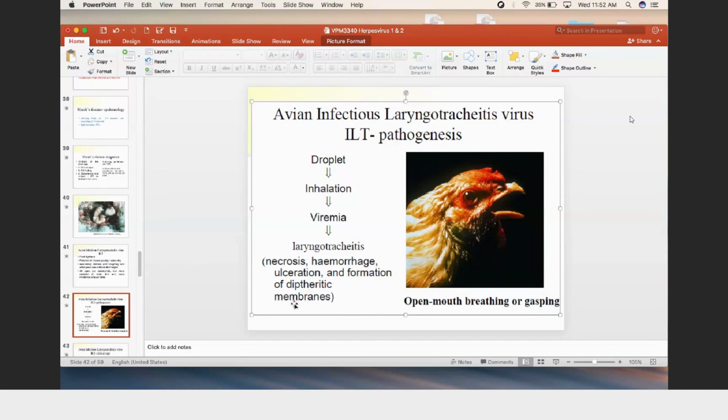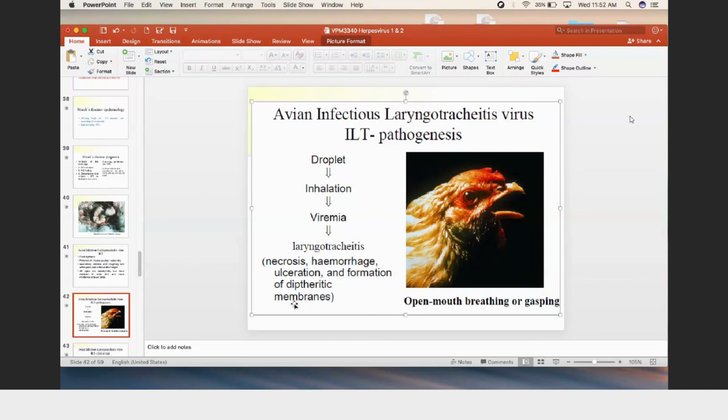If I ask you a question, what is the diphtheritic membrane? The diphtheritic membrane is dead tissue that occurs as a result of virus replication, lining the trachea and the airways, and as a result it causes blockage or reduces airflow in the trachea.